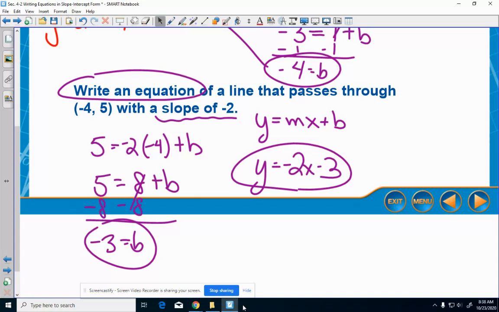Because you got to know 2 things. You got to know what your slope is, and you got to know what your y-intercept is. So if I give you one of them, then obviously that's guaranteed to be a part of your answer. You just got to figure out the other one.